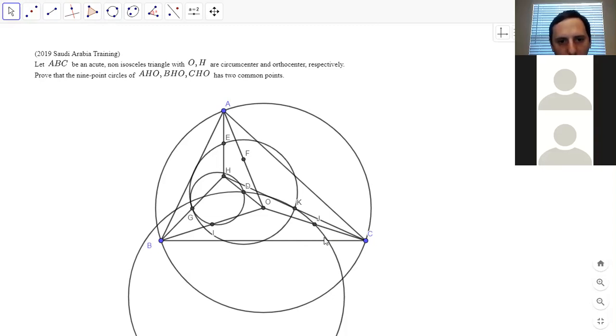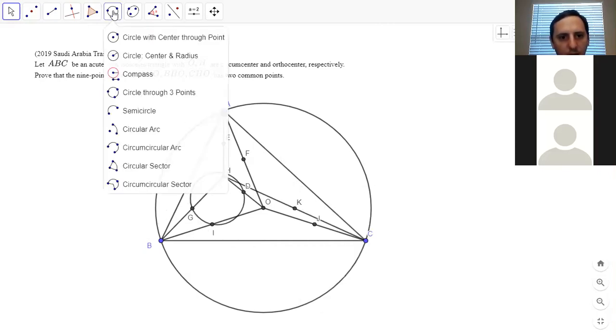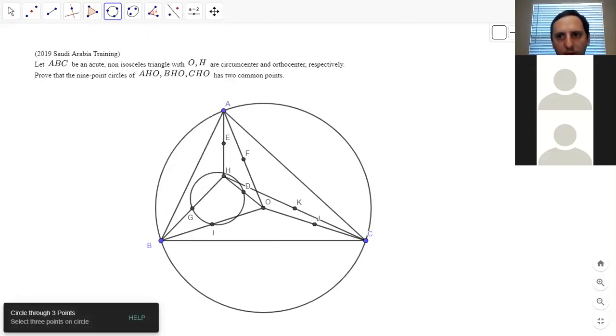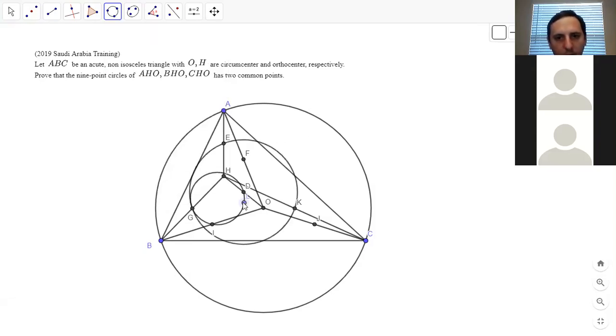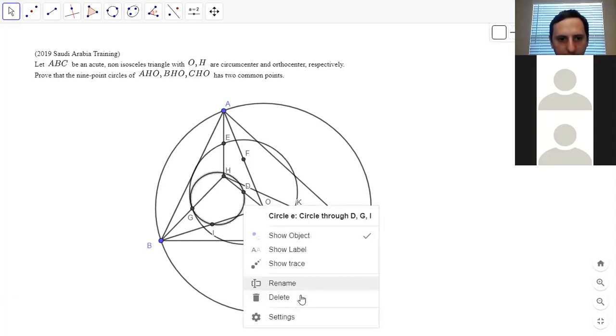Yeah, for example, what if, oh, whoops. Okay, so that's a 9-point circle. Let me draw the circumcircle DEF.